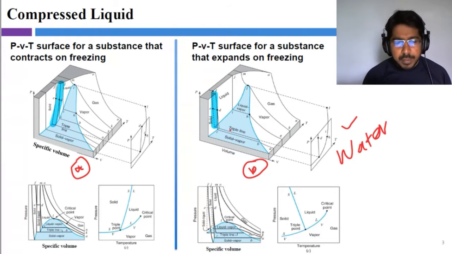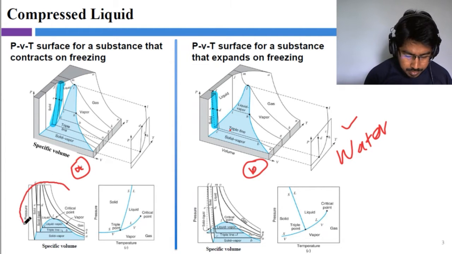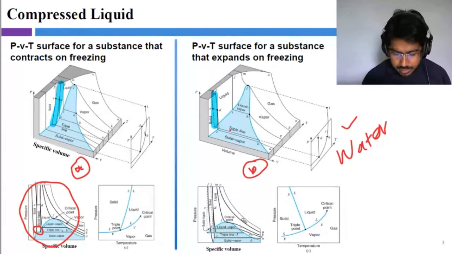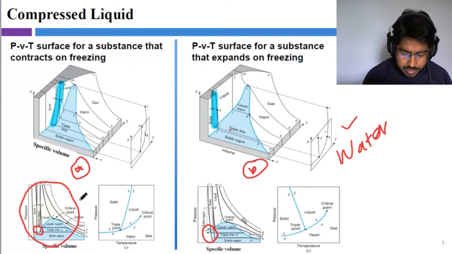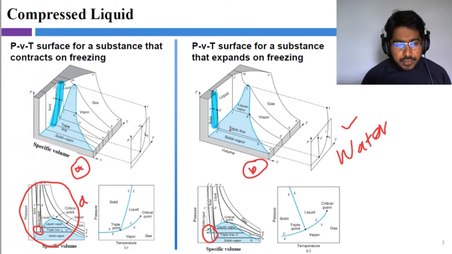That difference of the PVT surface is reflected on the PV and TV diagrams. You can see that the PV diagram for A has this portion, and the PV diagram for B has this portion. There's a difference in these two PV diagrams. So if you see PV diagram A, then you know it's for a substance that contracts on freezing.